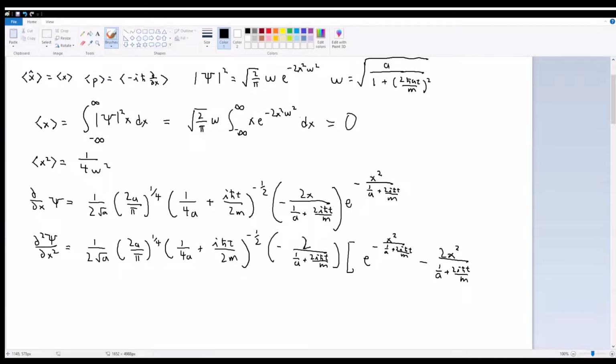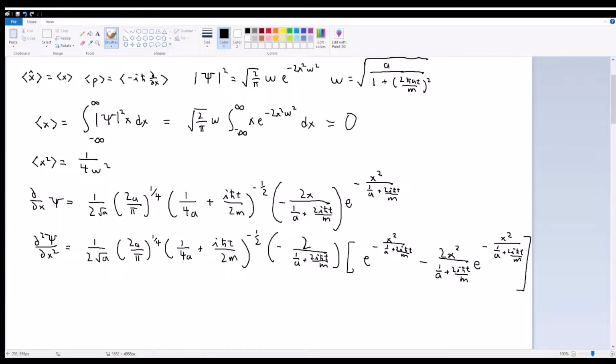Negative 2x, yeah, 2x squared over, and then e to the negative x squared over 1 over a plus 2i h bar t over m. Like that.